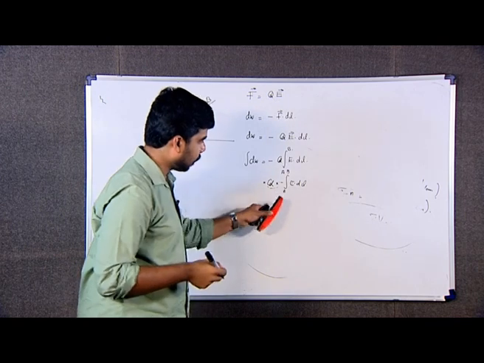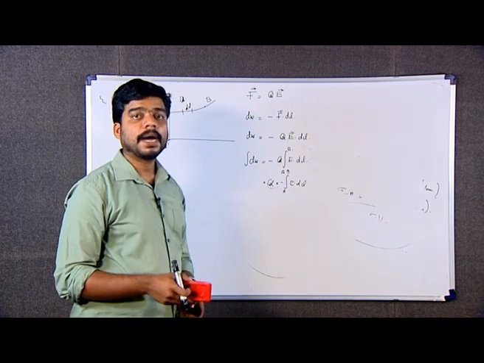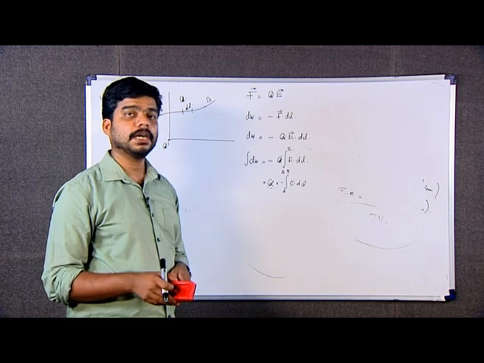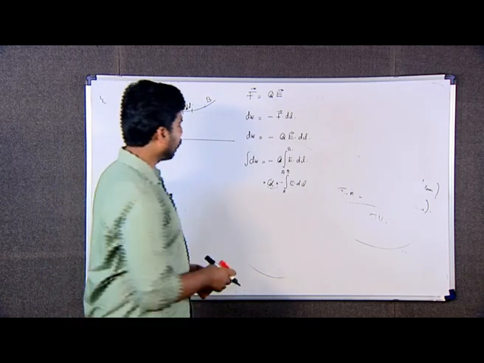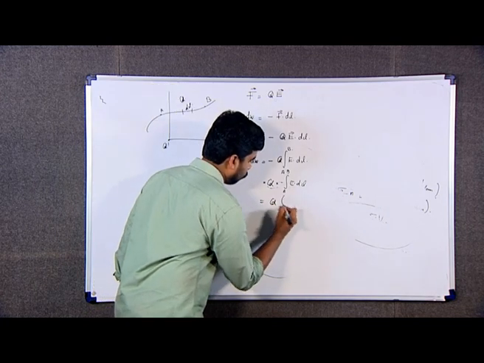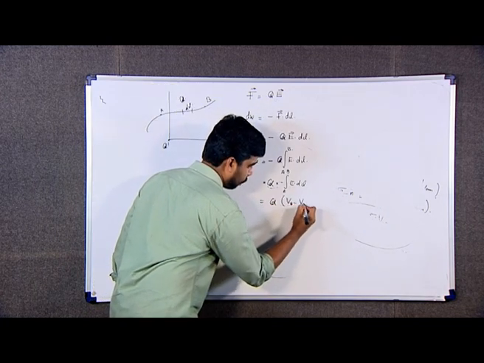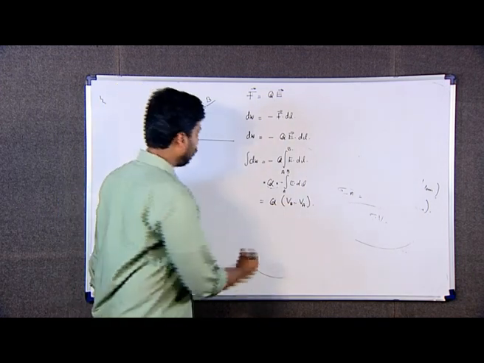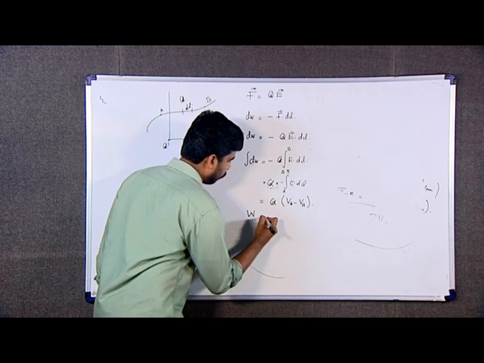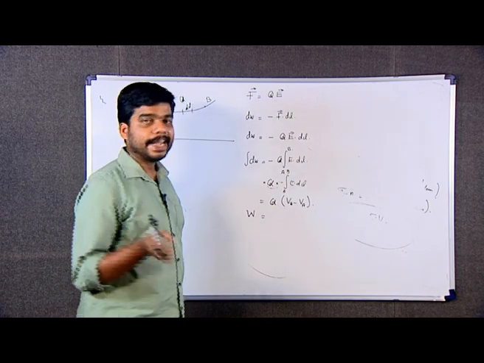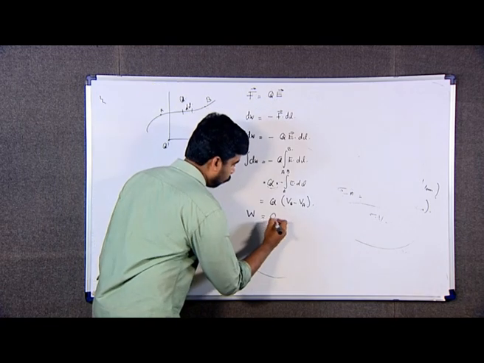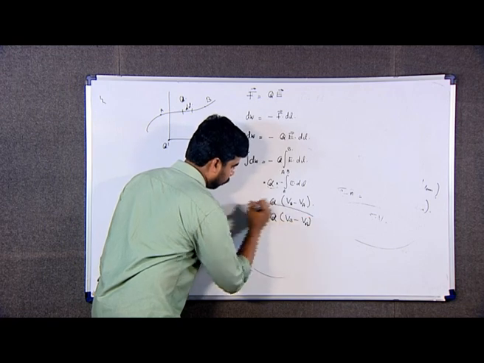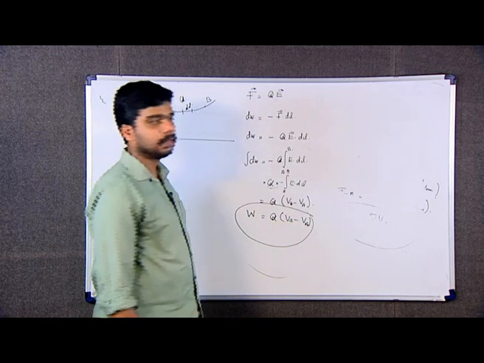What is minus integral A to B E dot dl? It is nothing but the potential difference. So, I can write it as Q into Vb minus Va. In general, the work done in moving a charge Q in an electric field is nothing but Q into Vb minus Va, where Vb minus Va is the potential difference between those points.